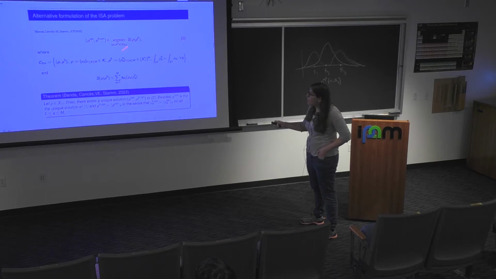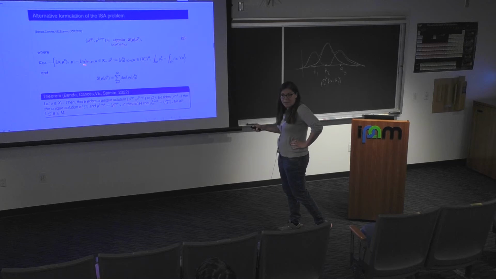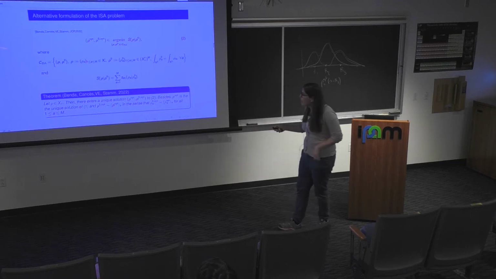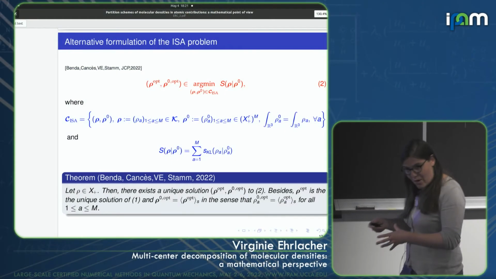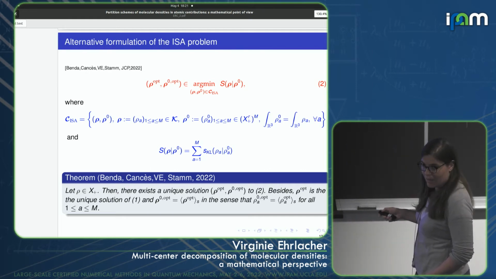Let me first explain what the set is, and then I go to the definition of the functional. Here big rho is a set of local atomic densities that are not necessarily symmetric, and big rho 0 is a set of radially symmetric atomic densities. And this set C is the set of couples rho and rho 0 such that for all atoms within the molecule, the integral of the radially symmetric function is equal to the integral of the non-radially symmetric atomic density.